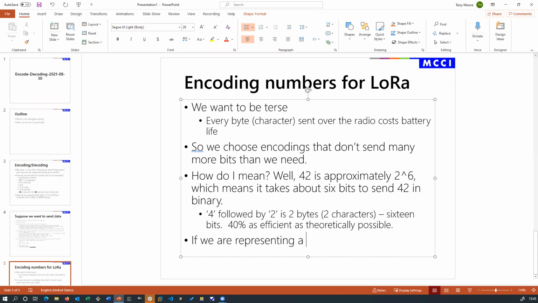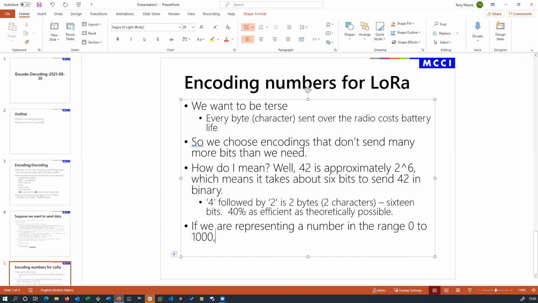So if we're representing a number in the range 0 to say 1,000, that's only 10 bits of data, because 1024 is 2 to the 10th.